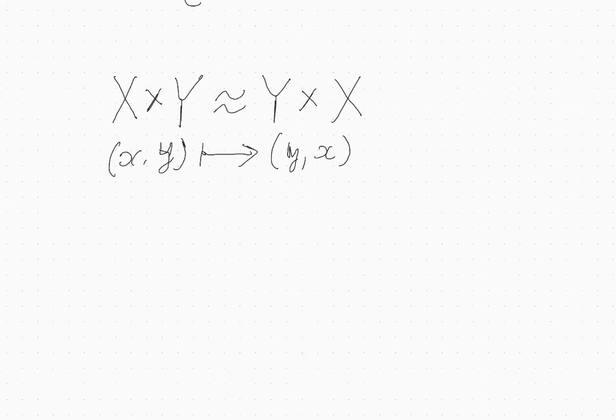And it is very easy to build this bijection by just the mapping I described, right? So to prove that X cross Y is bijective to Y cross X using usual sets, so to prove that for the category of sets, we do the following.